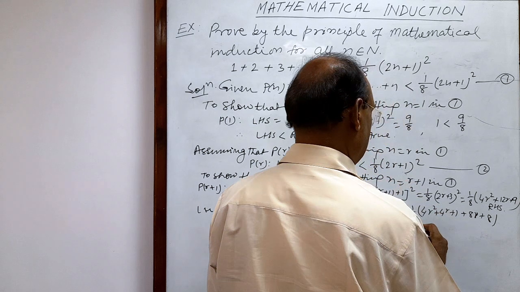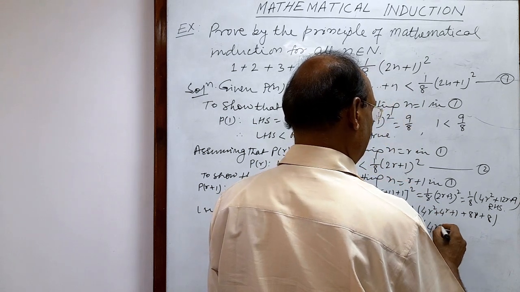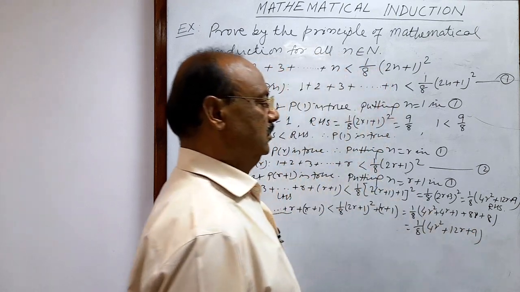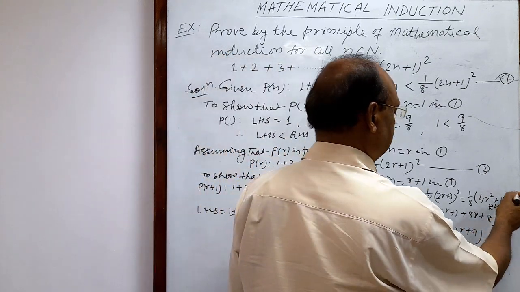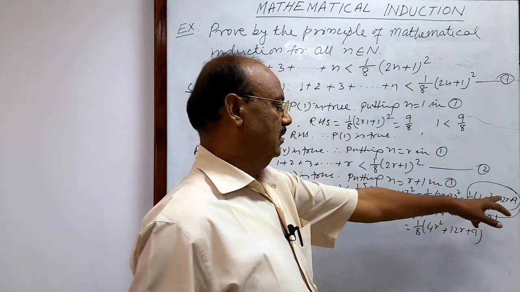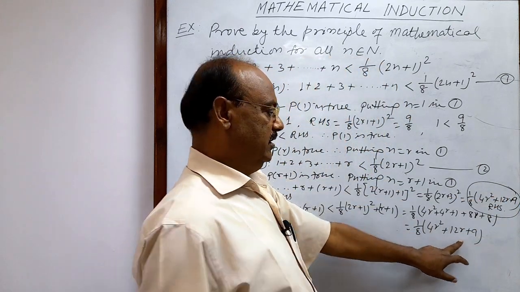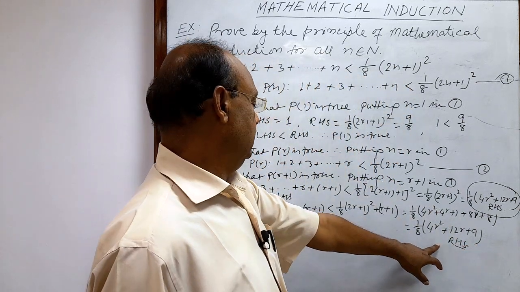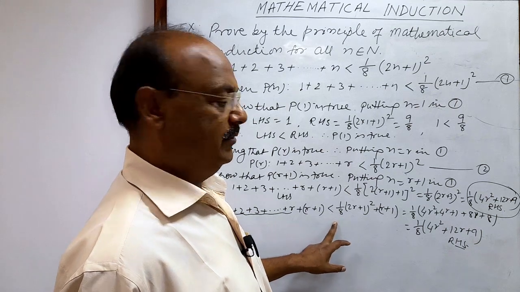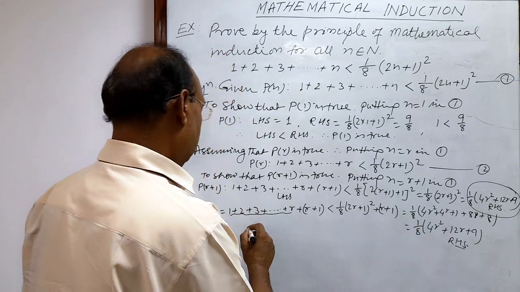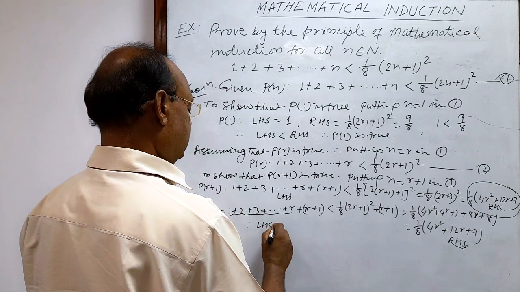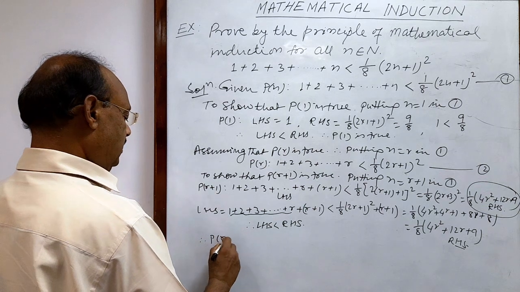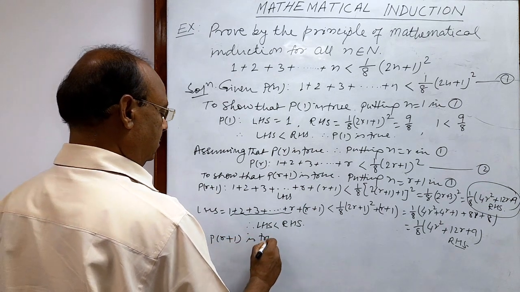And this is how much? 1 by 8, 4r square plus 12r plus 9. So you see, we are getting the value of the right hand side here. This is the right hand side, and the right hand side is greater than the left hand side. So therefore LHS is smaller than RHS. Therefore P(r plus 1) is true.